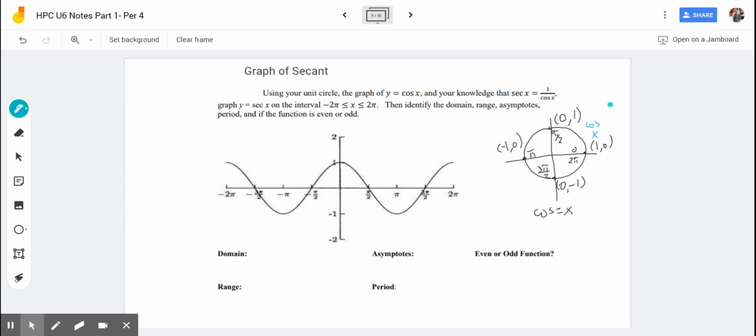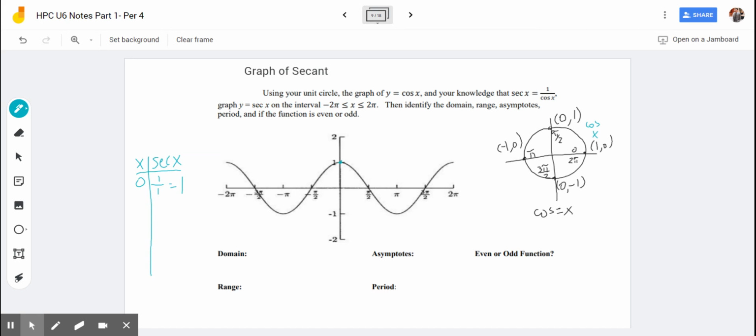So if we were to do secant, let's make a little table of values. Let's do x and secant of x. So if we subbed in 0, secant of 0 would be the same as the reciprocal of cos of 0. Well, it would be 1 over 1, which is still 1.